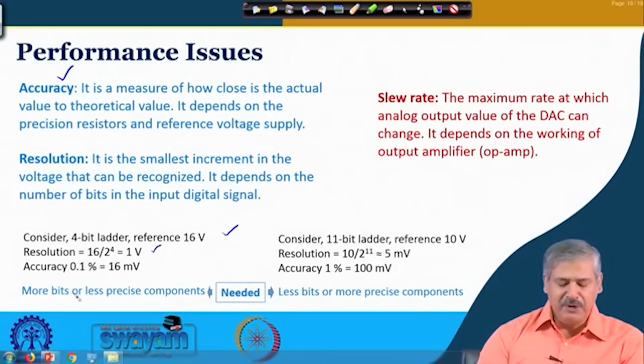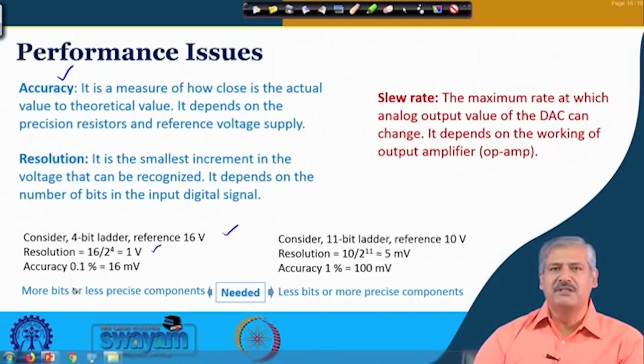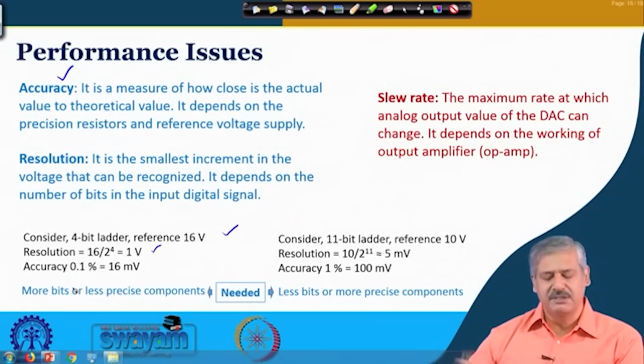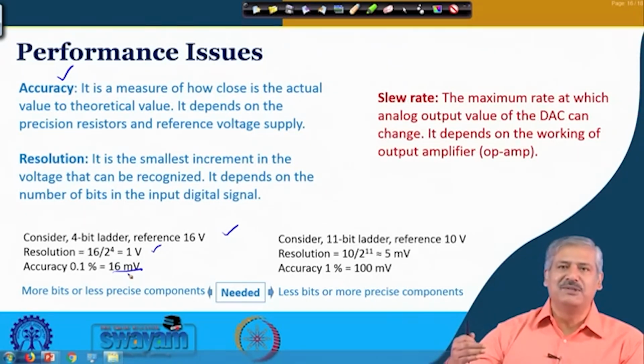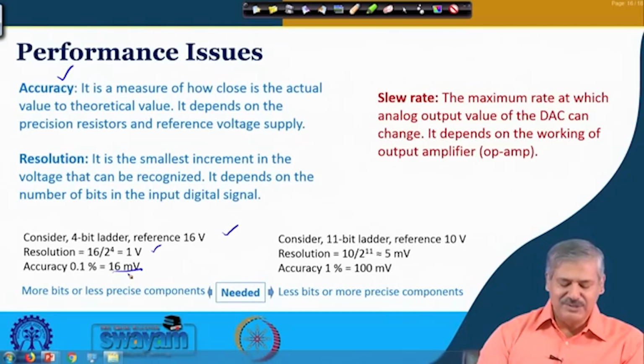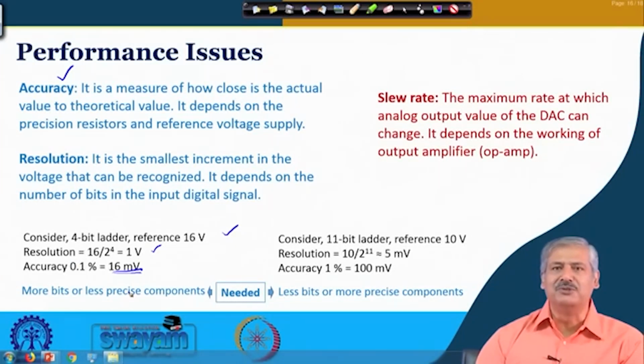And if you are looking for an accuracy of, say, 0.1% using precision resistor, amplifier and all those things, then this is 16 millivolt. But between one level to another level, it is 1 volt, that is different. So, this is a bit on the higher side, it is a bit overkill, right. So, you can use more bits to improve the resolution, or even less precise components will do, because the resolution and accuracy are quite apart.